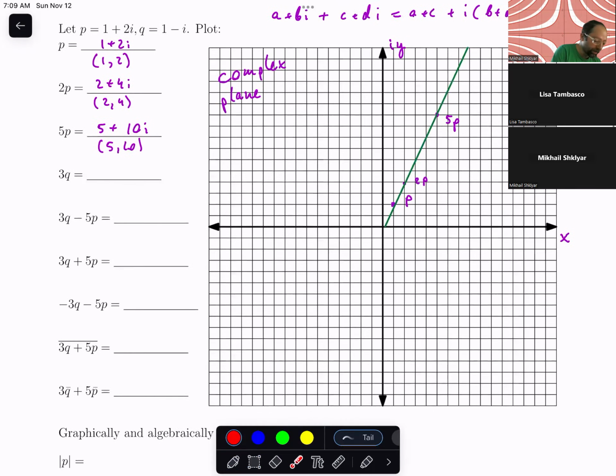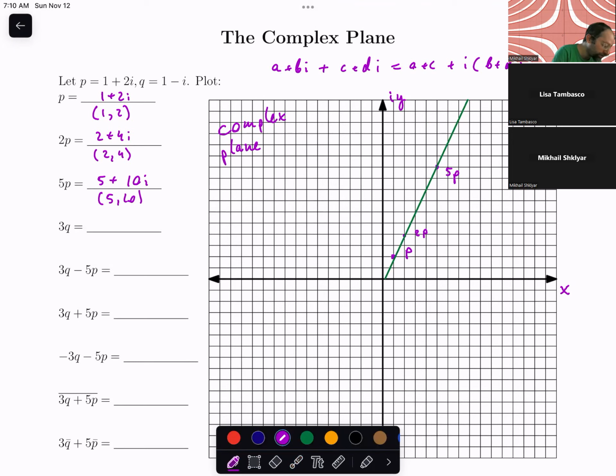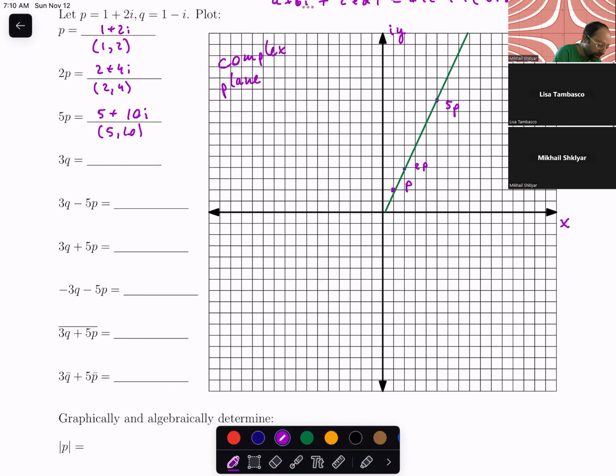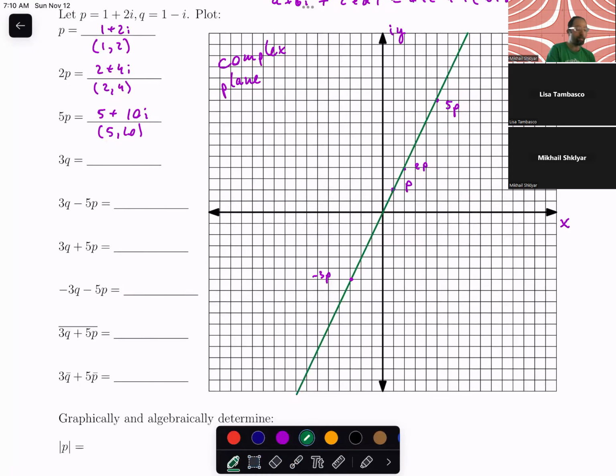Furthermore, if I were to multiply p by a negative number, let's say -3, this is not here in the list, but I'm just gonna write it down. So -3p is gonna be right here. It's gonna be the exact same line, except going in the opposite direction. So if you want to go in the opposite direction from the origin, you're gonna multiply p by a negative number.